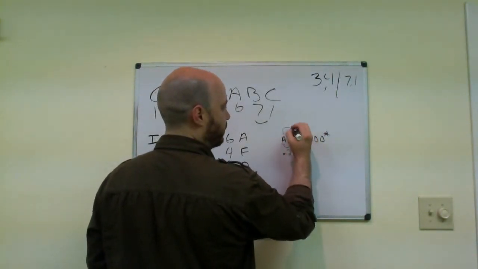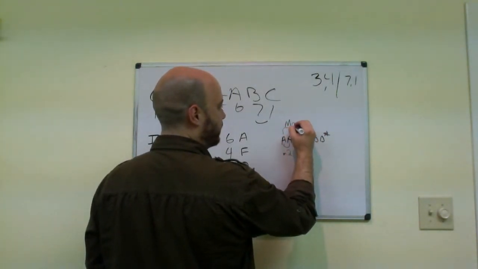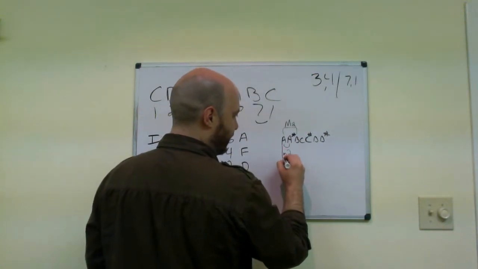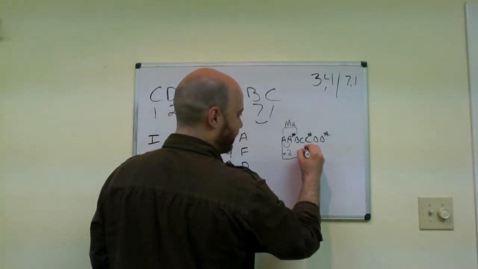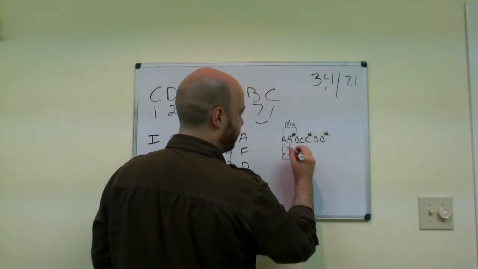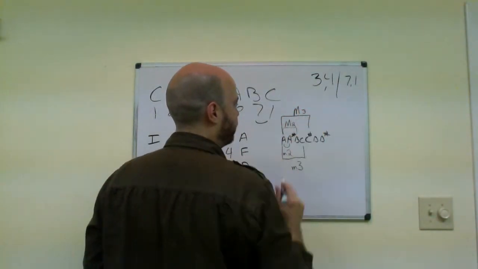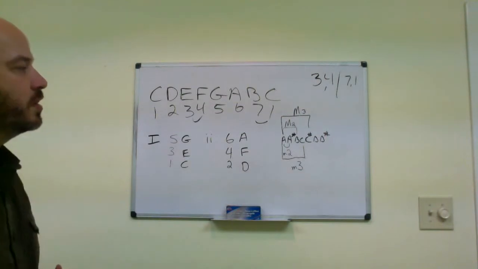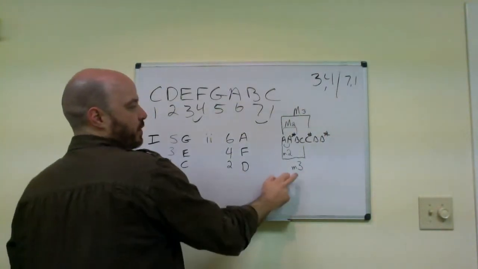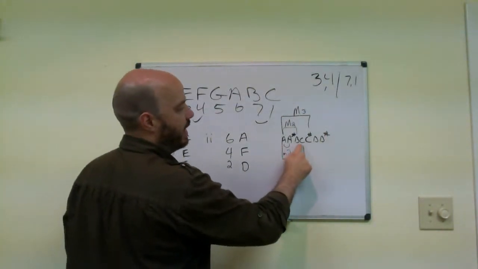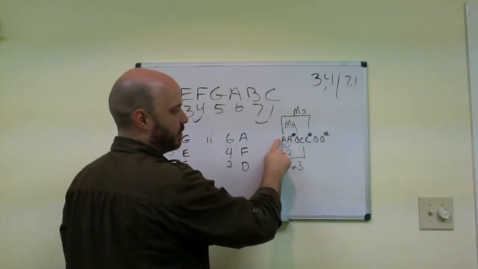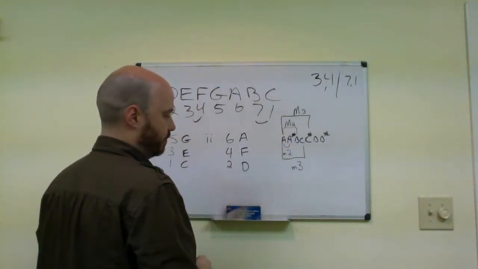This is a whole step, also known as a major second. This is a minor third, and this is a major third. So a minor third is 1.5 steps. A major third is 2 steps.